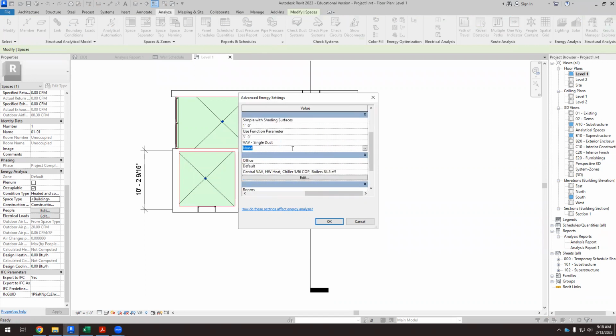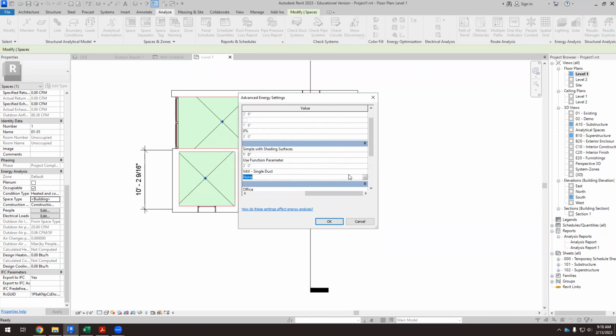By default, it's none. But if we click here, we have loose, medium, and tight. None is the default. It doesn't mean that there is no infiltration, because there's some infiltration some way. But we have loose construction, medium construction, or tight construction.